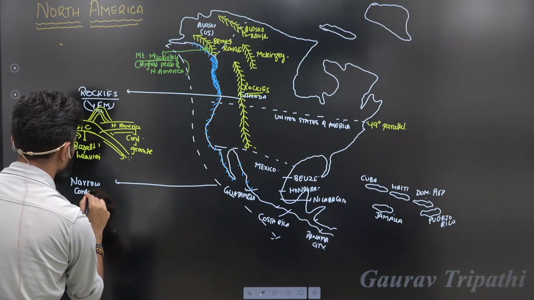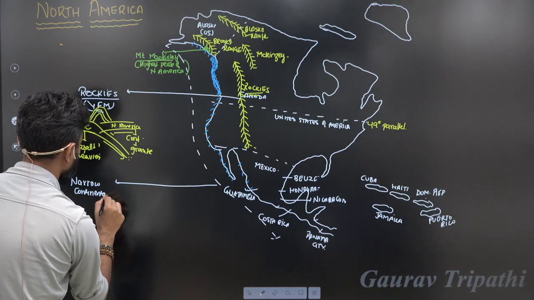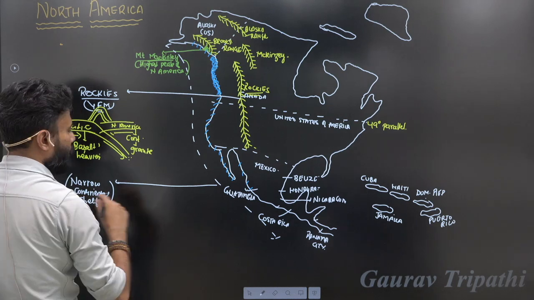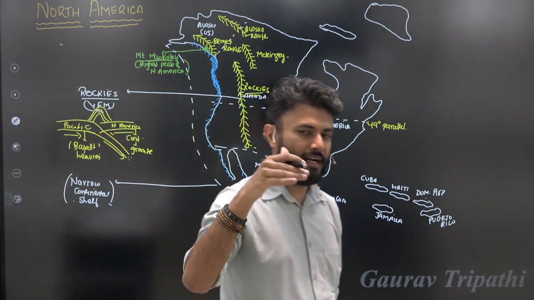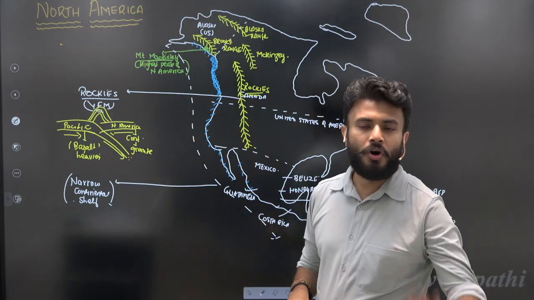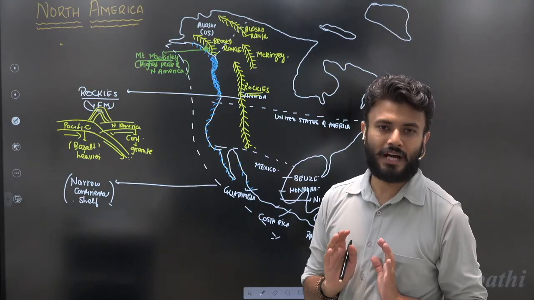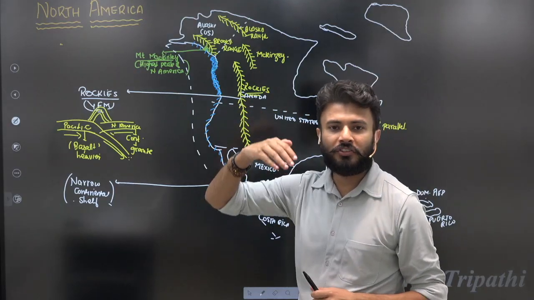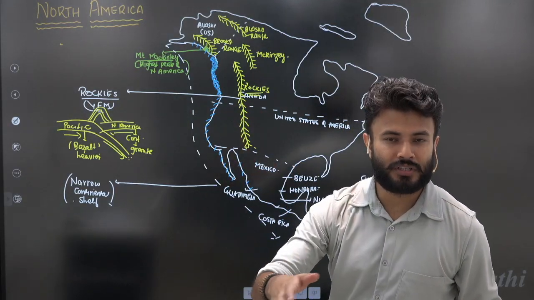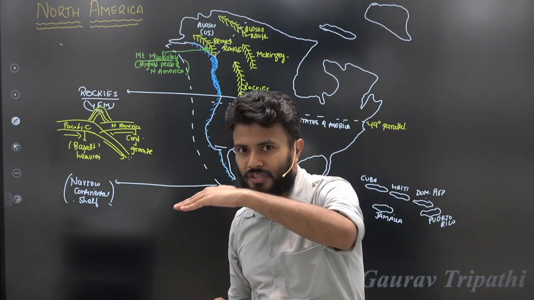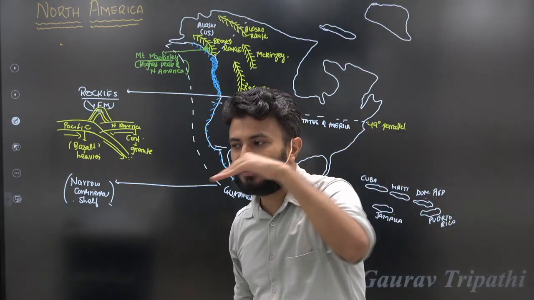Now, this is also an important concept. Wherever the land and water meet, in this case continent and ocean, obviously we understand by our observation and experience that the land does not end abruptly in the ocean. There is a slight portion which is a gradient which enters into the ocean.